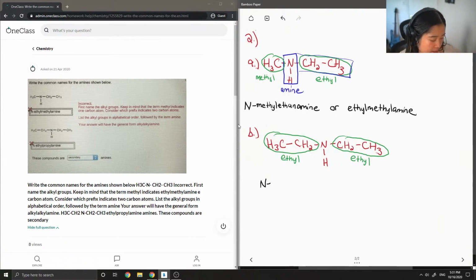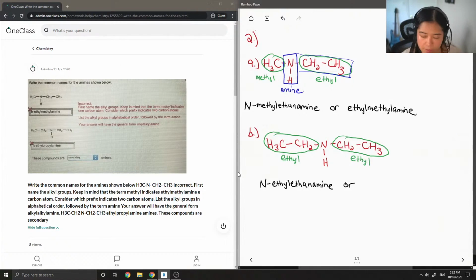There's a lot of different ways that you can name compounds. And if I were to do it the way that has the N at the beginning, it would be N-ethylethanamine.